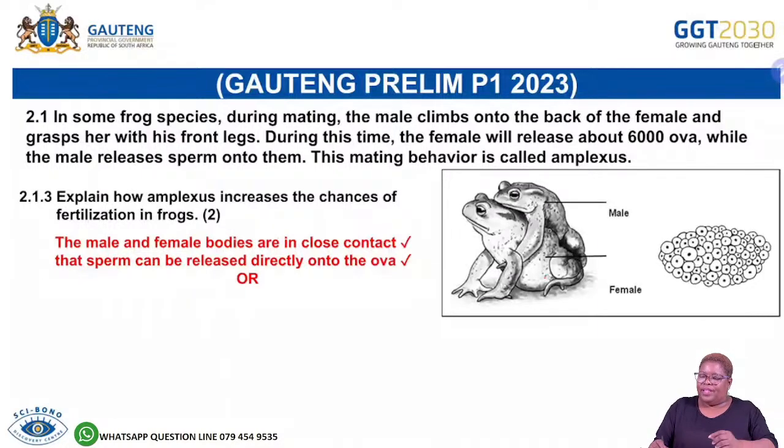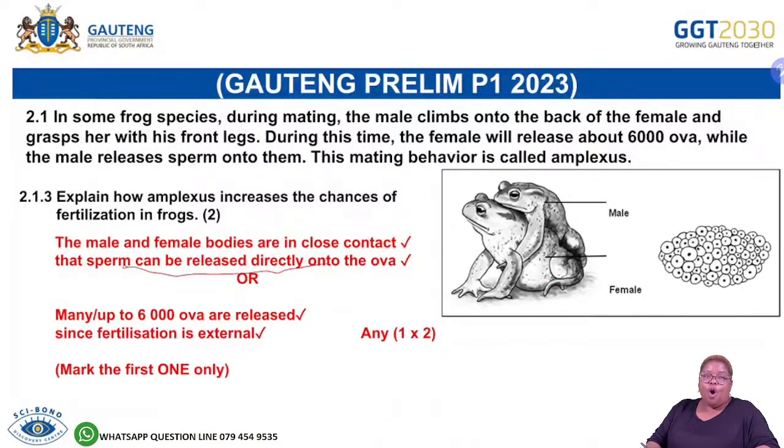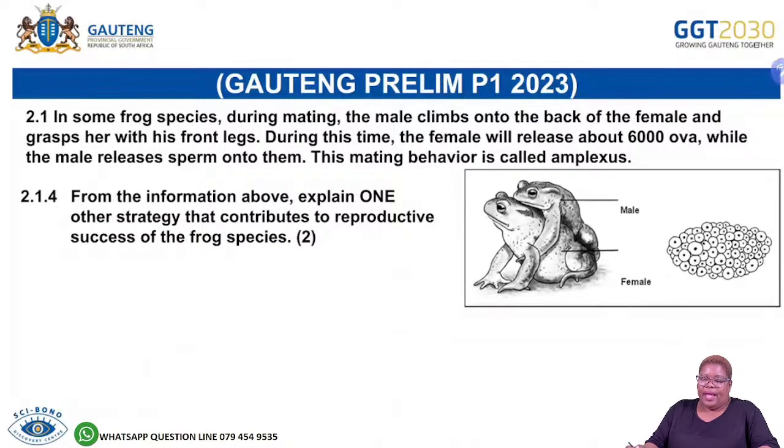But then with this one, where the male and female bodies are in close contact, we are expecting that sperm can be released directly onto the ova, or many up to 6,000 ova are released since fertilization is external. Okay? Right, from the information above, remember you are given the information.